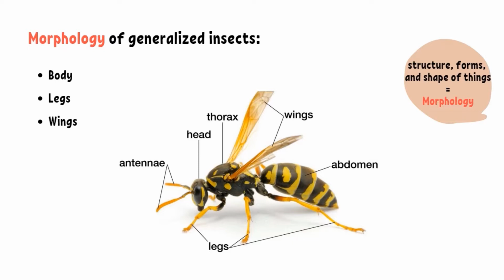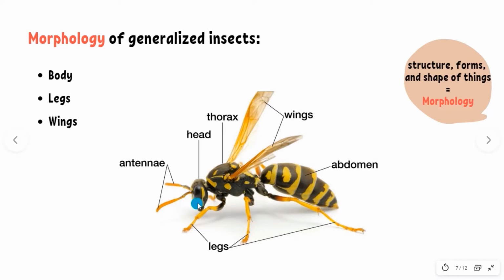So, going back to the question in the beginning, we said, how can we recognize the insects from other animals? Basically, there are 3 main parts of the insect: the body, legs and wings. The body consists of the head, the thorax and the abdomen. As you see here, the thorax has the pairs of legs, and also, if they have wings, they are connected to the thorax.